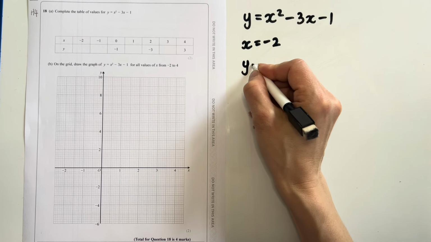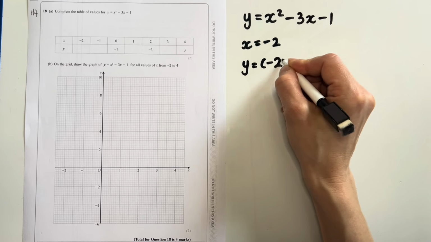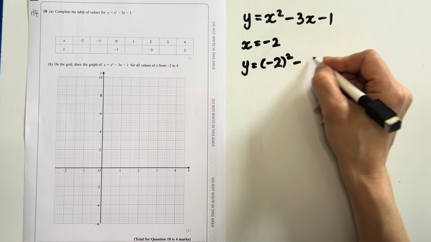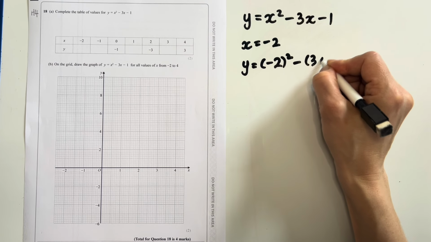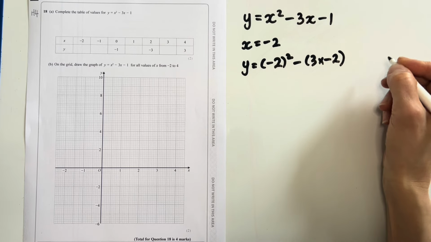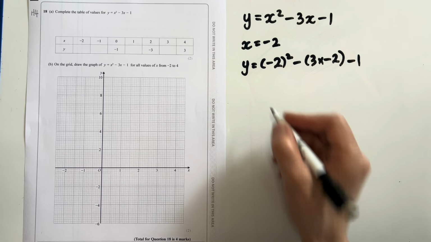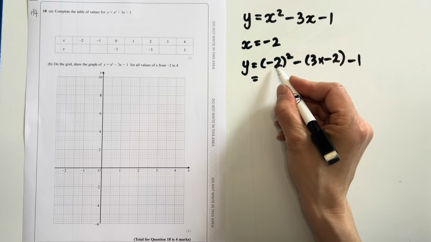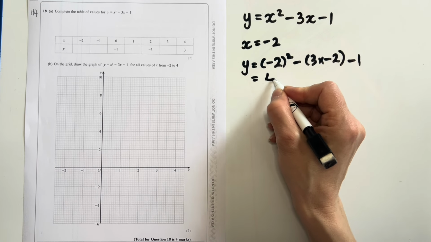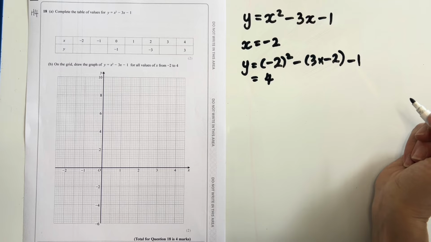So y will be equal to negative 2 squared, take away 3 times negative 2, and then take away 1. So what we have here is a negative 2 times negative 2, so that's going to give us a positive 4.